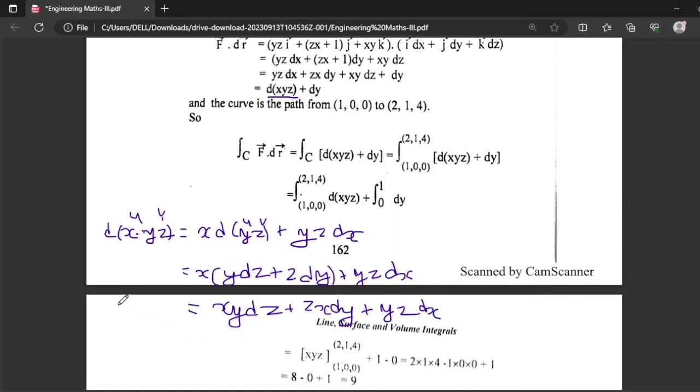So the derivative of xyz is xy dz, zx dy, yz dx. So this term is the same thing as the derivative of xyz, and the remaining is dy.